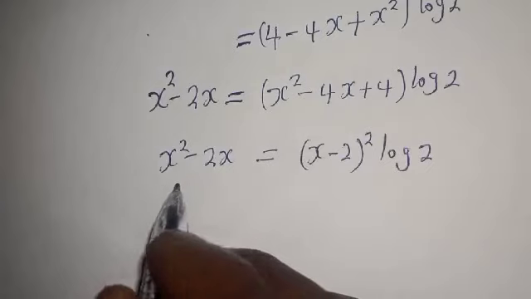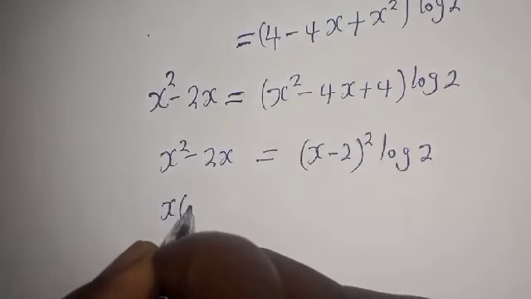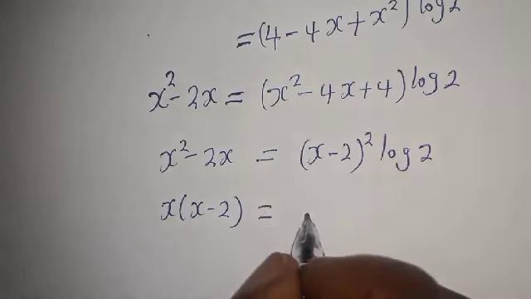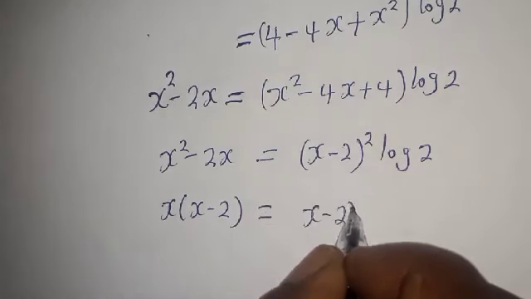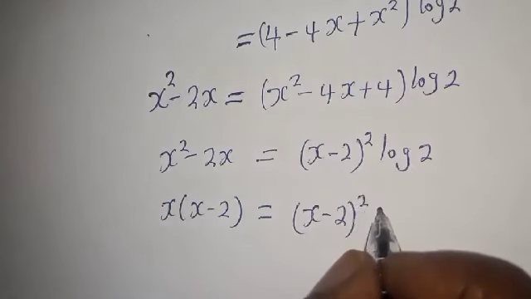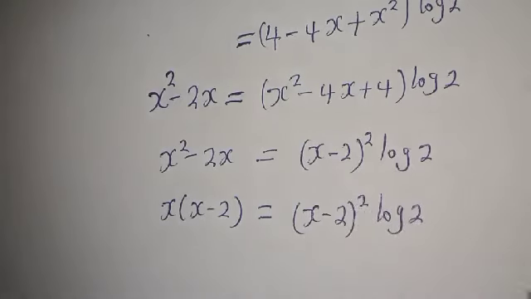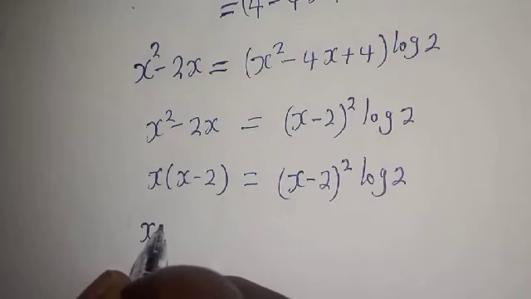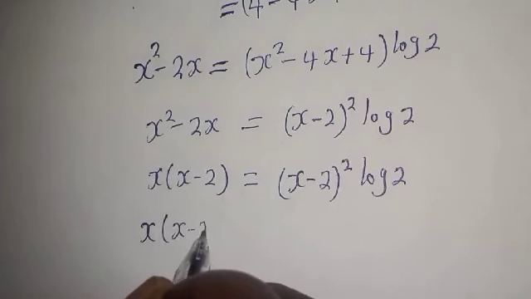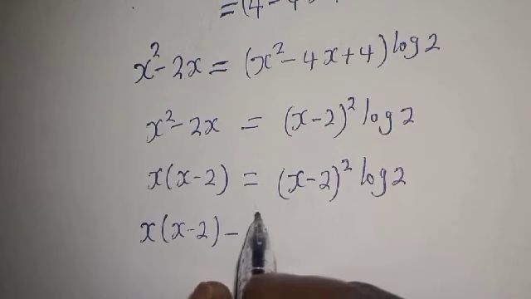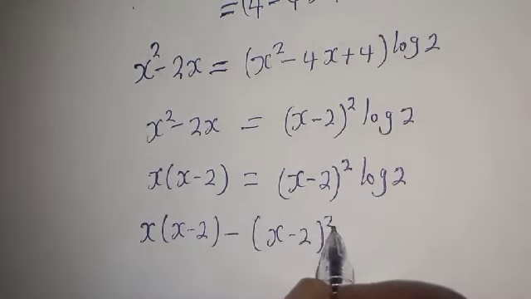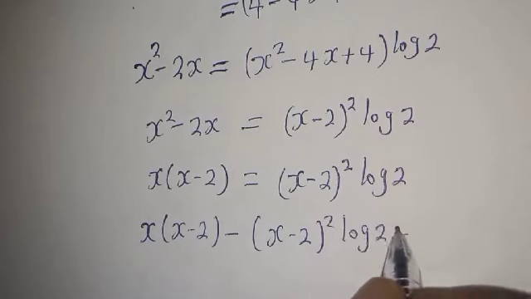Then from here, x is common. Let's bring it out. You have x bracket x minus 2 is equal to x minus 2 squared log 2. Let's bring this to this side. We have x bracket x minus 2 minus bracket x minus 2 squared log 2 is equal to 0.